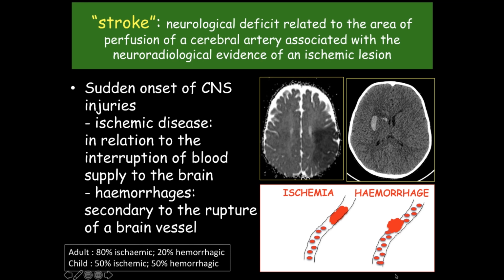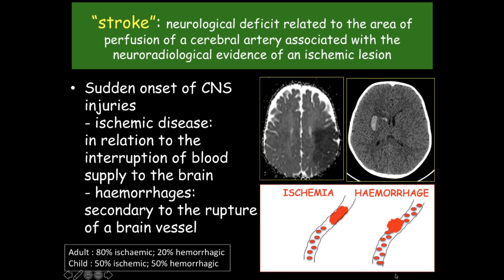When we have an acute stroke, there is the sudden onset of central nervous system injury. In particular, we can divide it into ischemic disease and hemorrhagic disease. An ischemic disease is related to the interruption of blood supply due to a thrombus or an embolus, while a hemorrhagic stroke is often secondary to the rupture of a brain vessel.